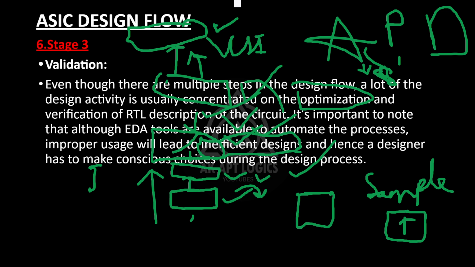He will add those modules, or he will remove the modules which are unnecessary, and this process will continue. If the sample piece is wasted, then the whole process will be started from the RTL again.